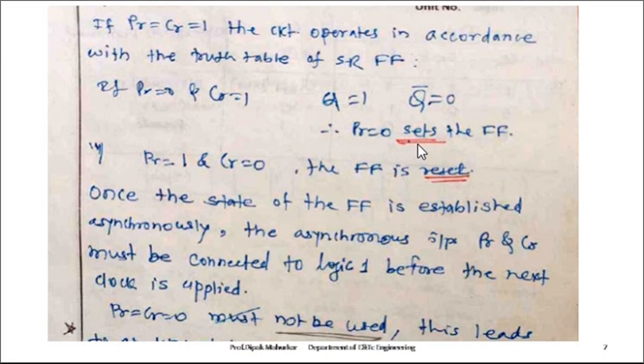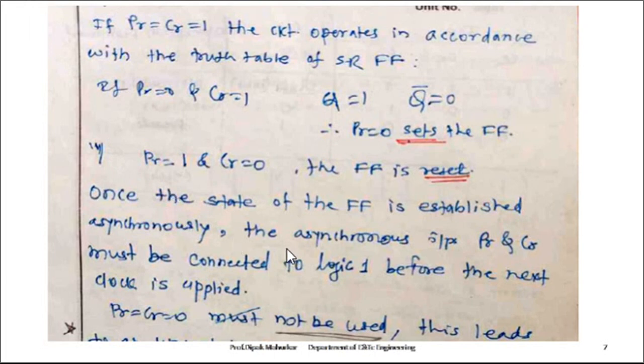Here Q bar is equal to 0 and Q is 1, that's why it is set. If PR is 1 and CR is equal to 0, then you can call it a reset. The PR terminal is applied to G1 and CR is applied to G2.